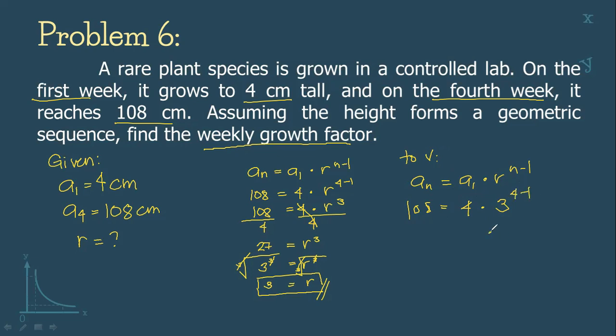So that is equal to 3 raised to 3 multiplied by 4 is equal to 108. So we know that 3 raised to 3, that is equal to 27. So we have 27 times 4, that is equal to 108. So kung makikita nyo po, nag-equal naman po sa left and sa right side of the equation, meaning to say that is the correct answer.